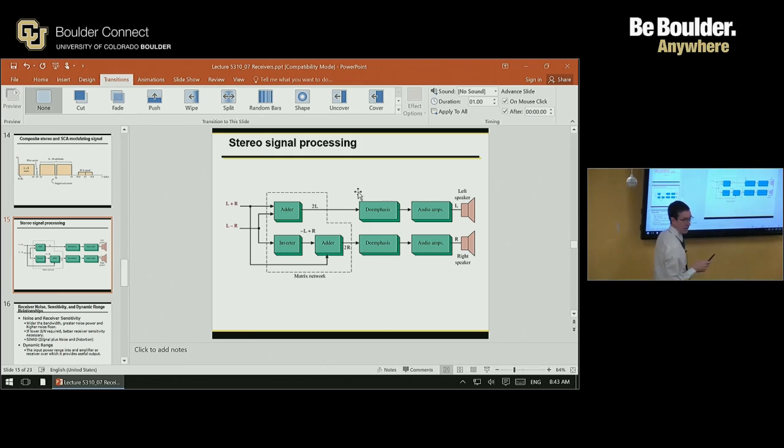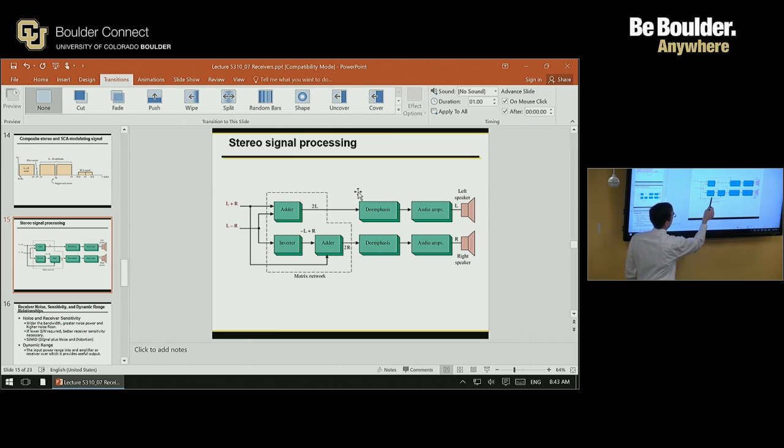if you remember, the first chunk of spectrum was the L plus R, and the other chunk was the L minus R. So you combine them together. You've got L plus R, and over here you've got L minus R. So that ends up giving you the 2R, right?